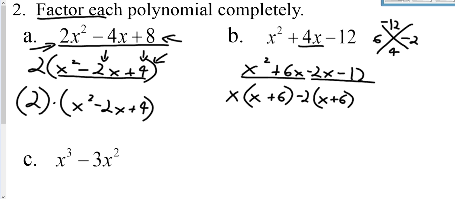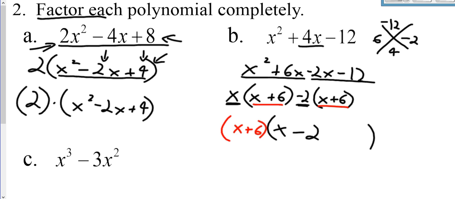I know I've done things right because I can recognize that this term and this term are the same. So if they're the same there, I can factor that out. So then I get x plus 6 times, well, what was x plus 6 multiplied by? Well, first it was multiplied by x, and then it was multiplied by -2. So I can see that this can be factored into x plus 6 times x minus 2.